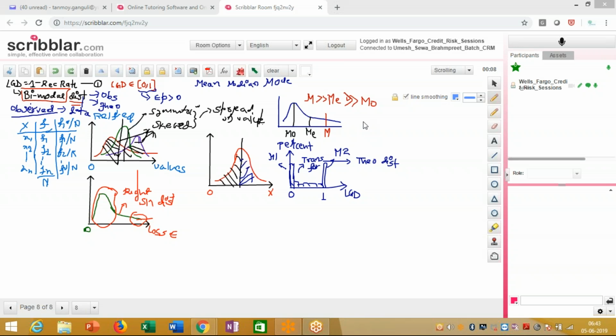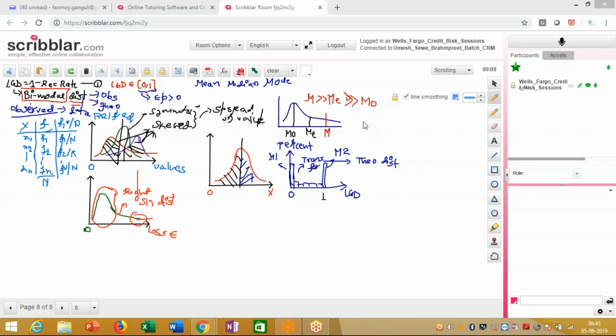So basically, if you plot the relative frequency on the y-axis and the values on the x-axis, the corresponding distribution that you get to see is either concentrated at the left and asymmetric towards the right, or it is asymmetric towards the left and concentrated at the right.